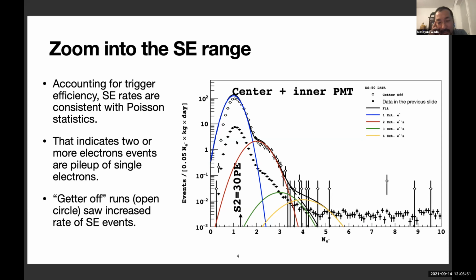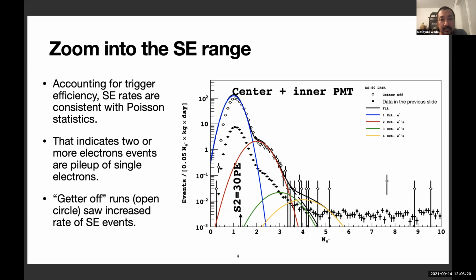And there is another data set that we have when we took out the getter for maintenance. We see a sudden increase of single electron events, and by fitting those distributions, we notice it's consistent with Poisson statistics.